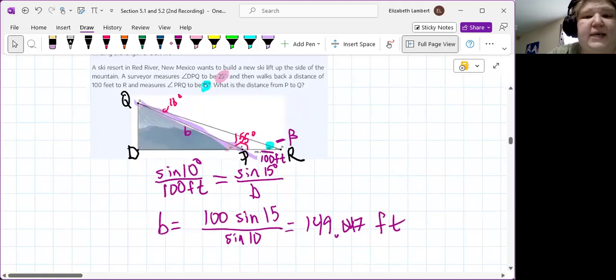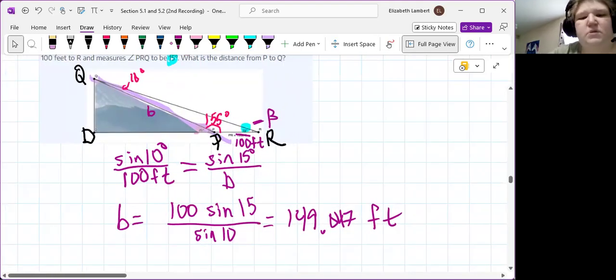Which, yeah, they didn't give us rounding directions, but so a little over 149 feet.